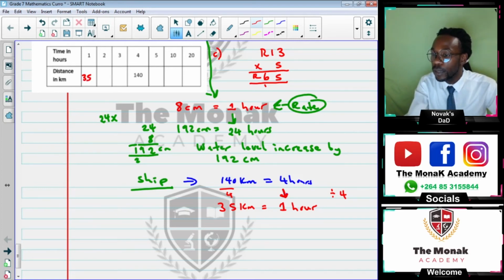After 2 hours it becomes 70, meaning 35 times 2. 35 times 3 becomes 105. 35 times 4 is 140. 35 times 5. If you're not sure, just do 35 times 5. 5 by 5, 25. 5 by 3, 15 plus 2, 17. So 175.